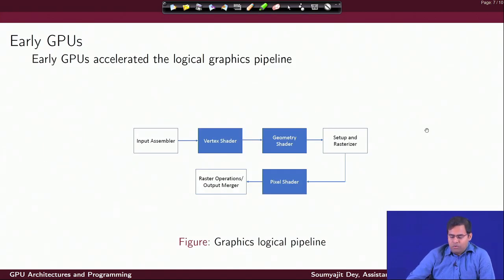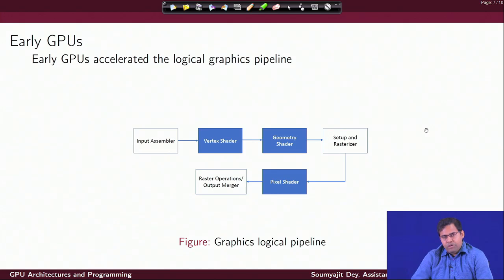So, what really was the function of earlier GPUs? Earlier GPUs were developed with a specific idea in mind that they should accelerate the logical graphics pipeline. So, what is the logical graphics pipeline? It represents the standard API which is used for generating graphics for a computer. For that, there is a sequence of functionalities that need to be executed, and this is what the picture says.